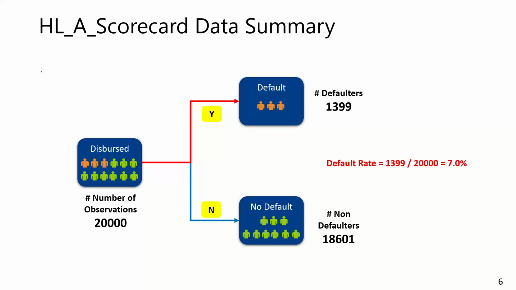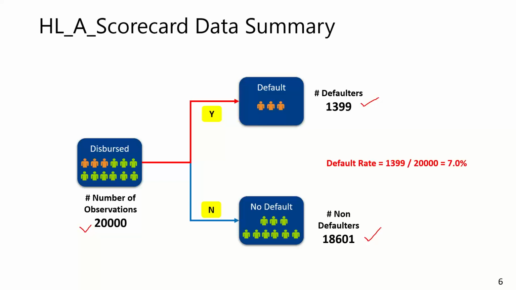The total number of observations given in the file is 20,000 records. Of the 20,000 records, there are 1,399 defaulters and 18,601 non-defaulters.